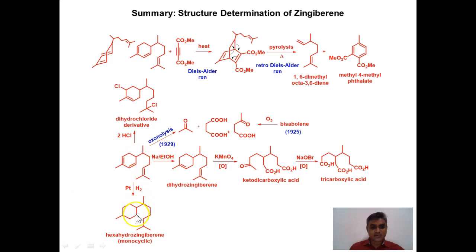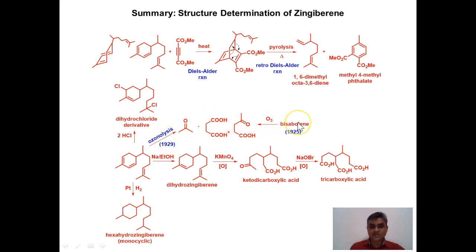We started with the hydrogenation. We have done here reduction with sodium in ethanol, and here the dihydrochloride derivative, how it is formed. See here, one can assume HCl will be added here, and one can get 1,4 addition of HCl, and that's why the dihydrochloride is formed here. Then its ozonolysis gives us acetone, levulinic acid, and this dicarboxylic acid.